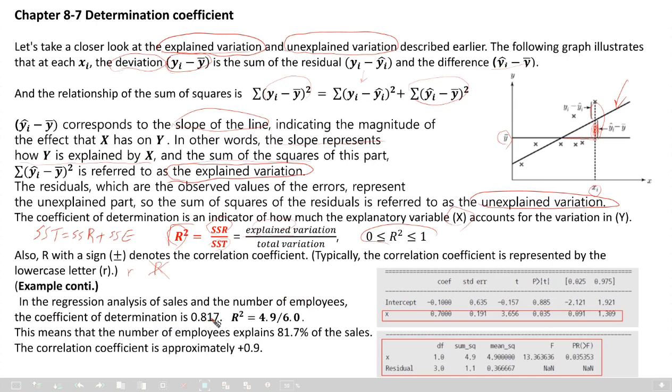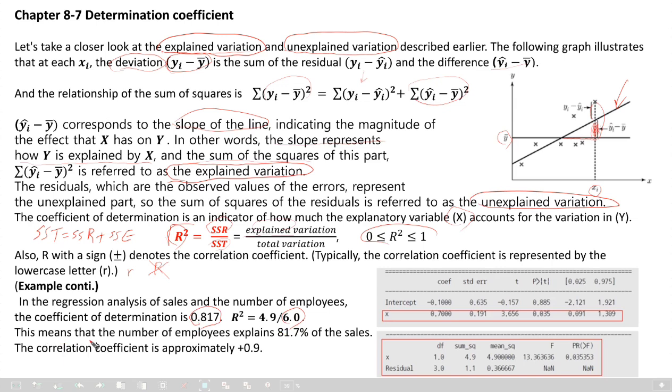What is this? From the ANOVA table, what is the total sum of squares? 4.9 plus 1.1 is 6. And the regression sum of squares is 4.9. 4.9 over 6 is 0.817, R squared.